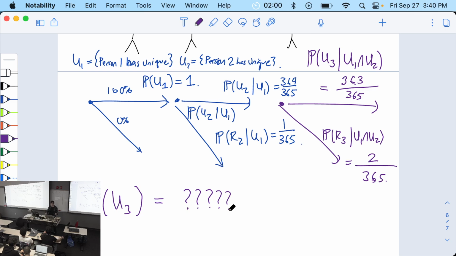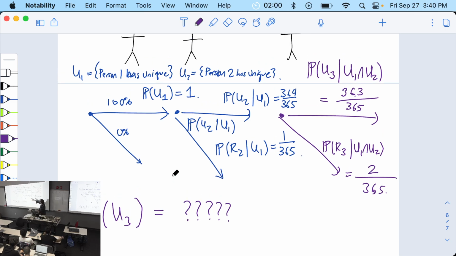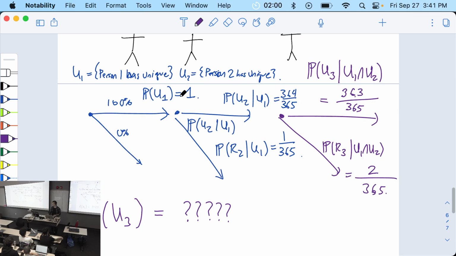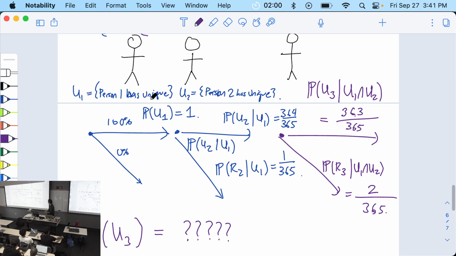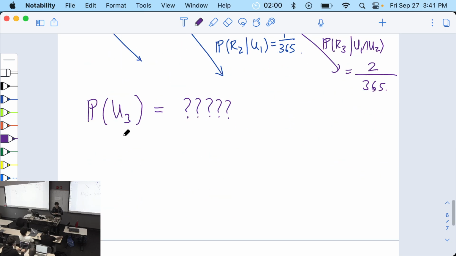The way the tree is created is to set up this conditioning, and we're conditioning exactly on the kind of nice event we need, U1 intersect U2, that the first two people have taken up exactly 2 days out of the calendar, and that's what lets us calculate this. All right, this is the unspoken genius of probability trees, letting you do this kind of thing. But now that you have this, you can calculate the intersection that we're looking for. So this is too hard to do on its own, but we have everything we need to get what we want.